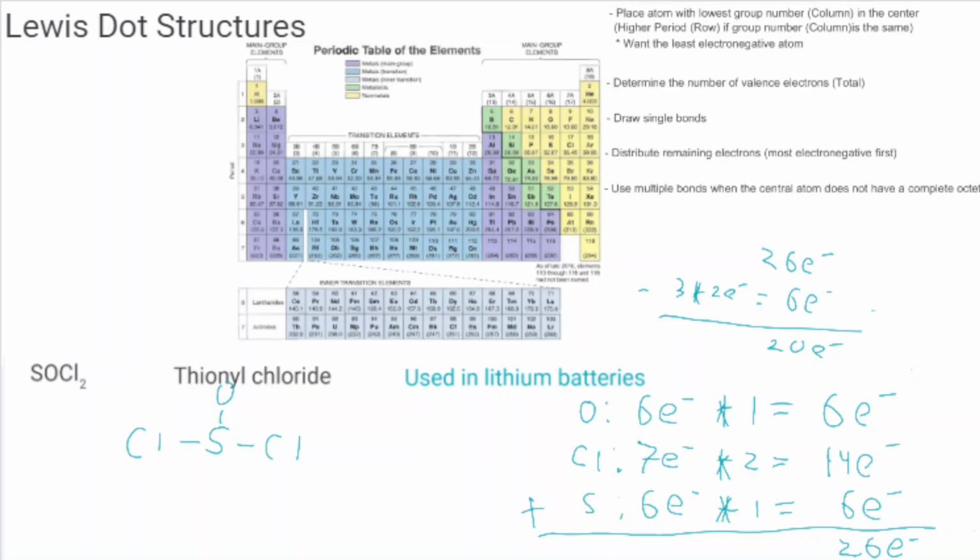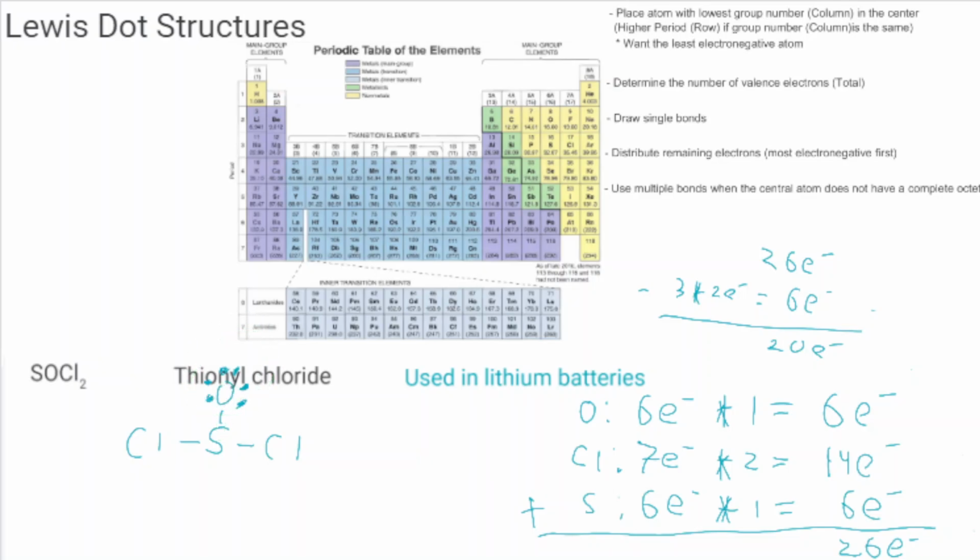Alright, so for the oxygen, I'm going to draw on 1, 2, 3 electrons. Then I'll start pairing them up. 4, 5, 6. Now I can move on to the chlorines now that oxygen has 8 electrons around it, 2 in the bond and 6 dots.